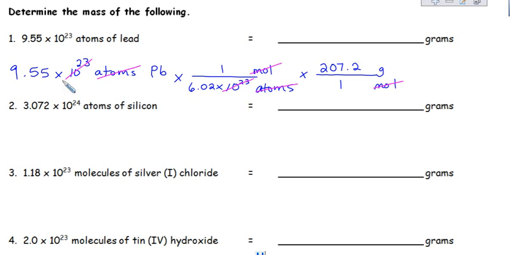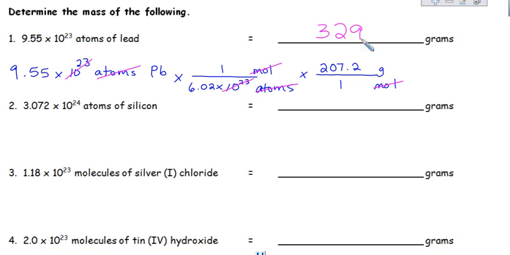So I'm going to multiply 9.55 divided by 6.02, then multiply by 207.2. Now obviously it doesn't matter what order you do that in. Your final answer with 3 significant figures is 329 grams.